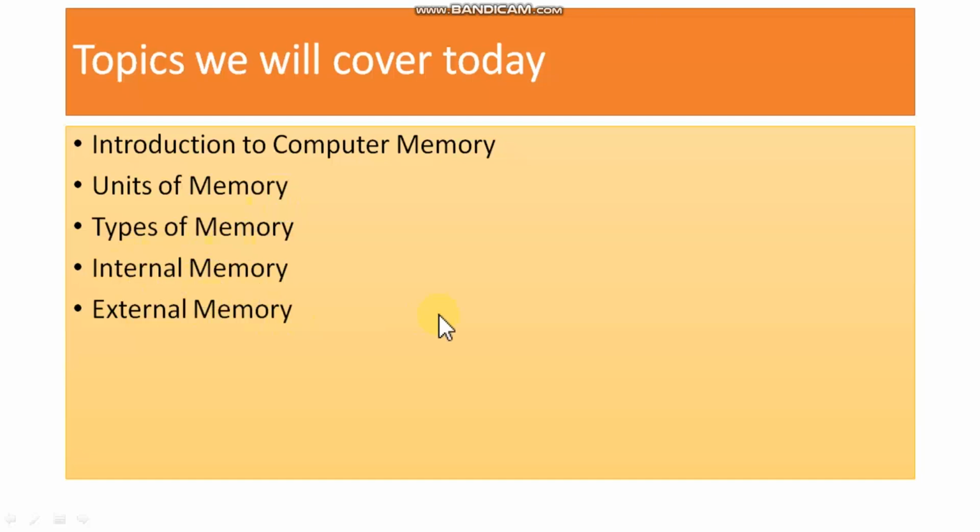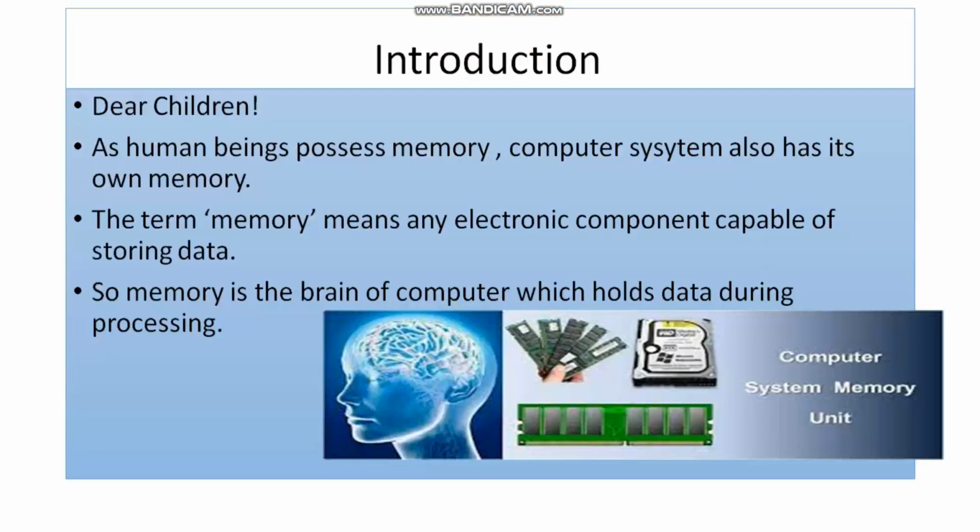Let's get started. Okay, dear children, as human beings possess memory, a computer system also has its own memory. The term memory means any electronic component capable of storing data. Memory is the brain of the computer which holds data during processing.